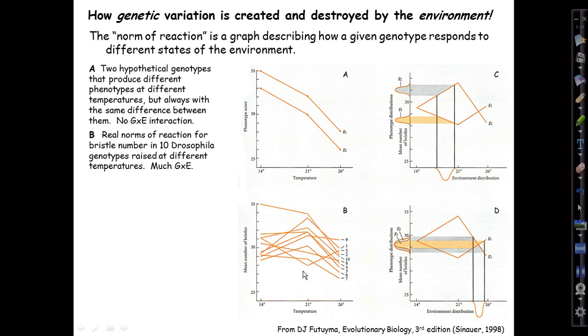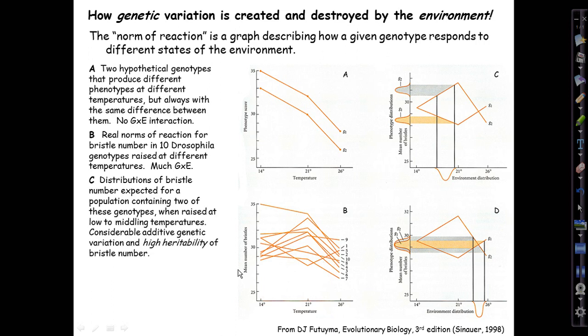So in addition to having different means, they have different amounts and direction of change of the phenotype in response to a given change of the environment. That's G by E.